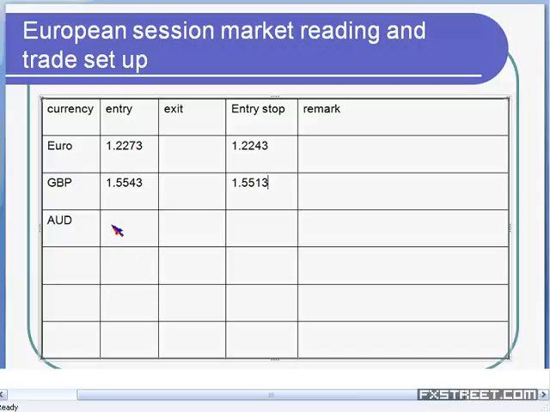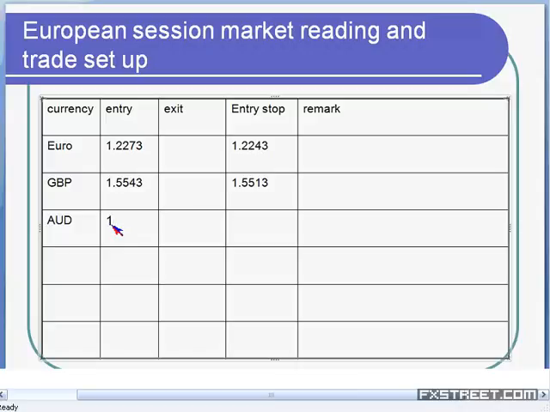So in the case of Australian dollar, 1.0266 is the current level, 1.0179 is the initial high, but the morning high was 1.0213 during the Japanese session.